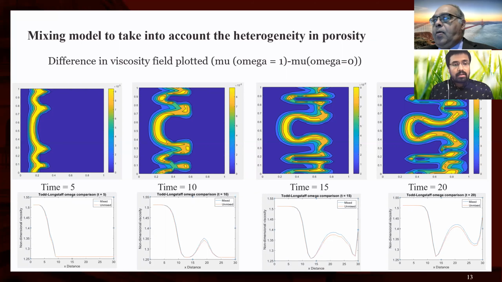You can see that the mixing happens over time, and at higher time steps you see more mixing, and that's where you see a higher difference in the viscosities due to mixed and unmixed polymers. In the bottom graphs, at time equals 5, we have almost overlying viscosity. And eventually at time equals 20, you see some differences in the viscosity of the mixed and unmixed simulations.